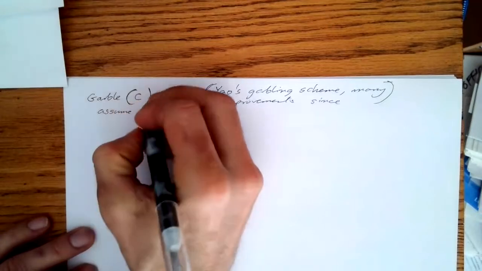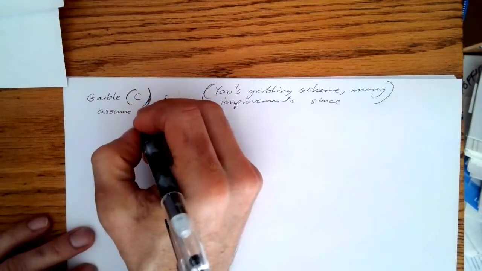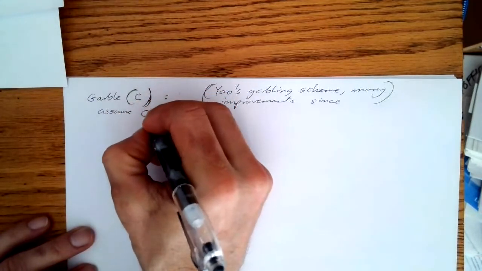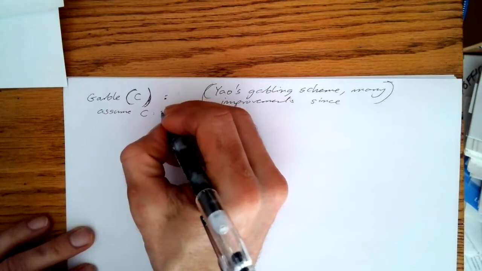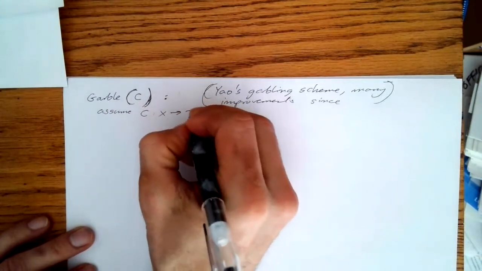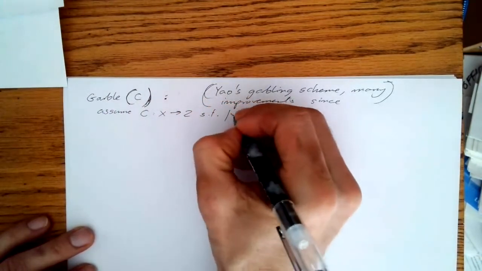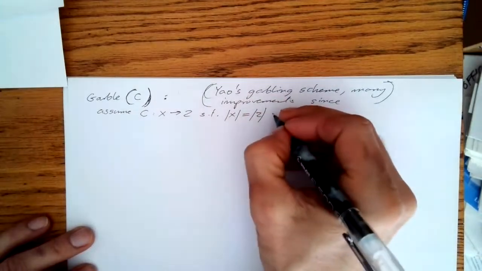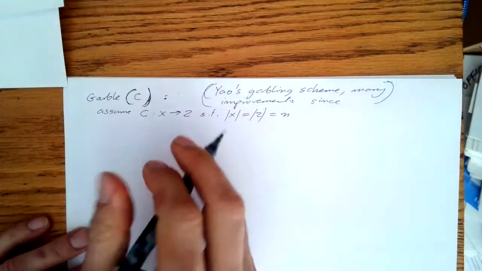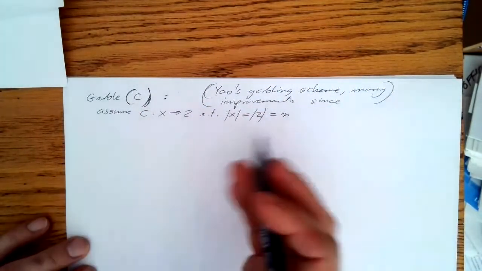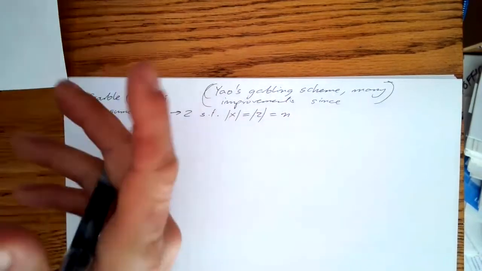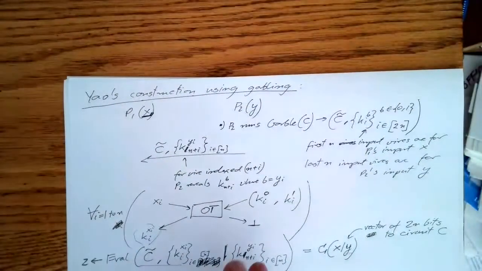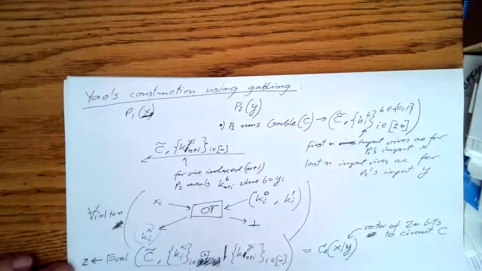Assume C was going from X to C such that both inputs and output have length n. These are not necessary assumptions, okay? It's just for simplicity of notation. You can see, for example, here, we have the simplifying assumption that P1 and P2 have the same number of inputs, of the same length.